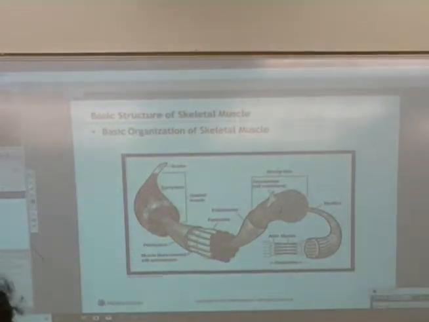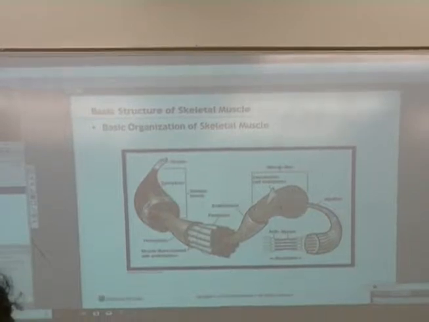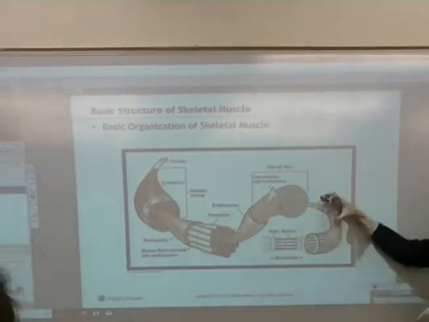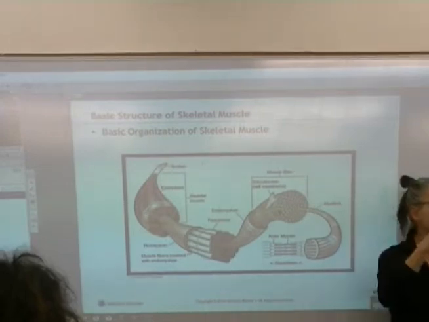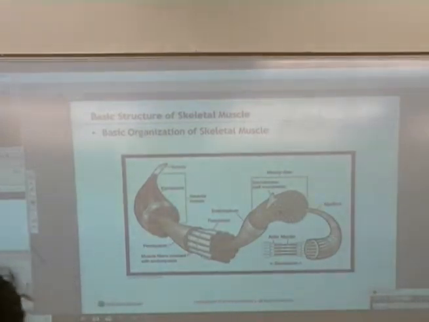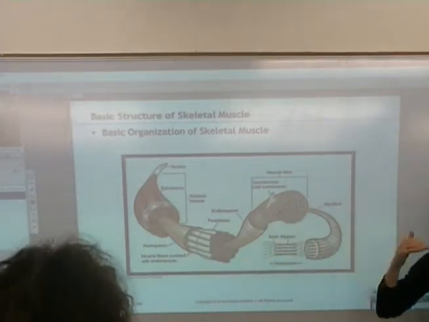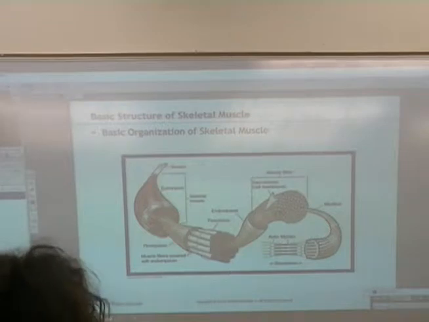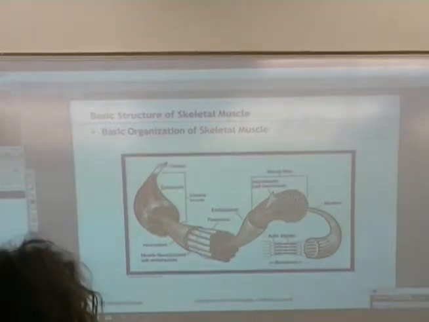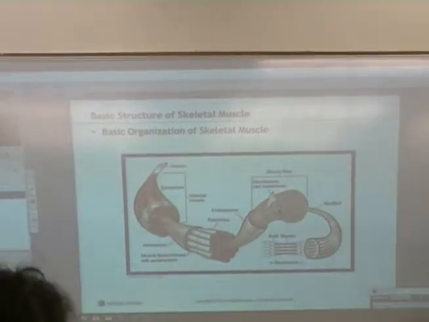Okay. So the connective tissue plays an important role because it stabilizes each separate component, and it will also adapt to training. So it's not just the muscle fiber itself that is adapting, the connective tissue also adapts.